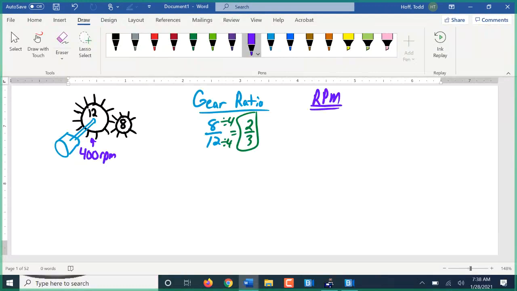If these two teeth mesh together, the little gear goes all the way around. That's 8 teeth. The big gear goes 1, 2, 3, 4, 5, 6, 7, 8. It only goes 2/3 of the way around.